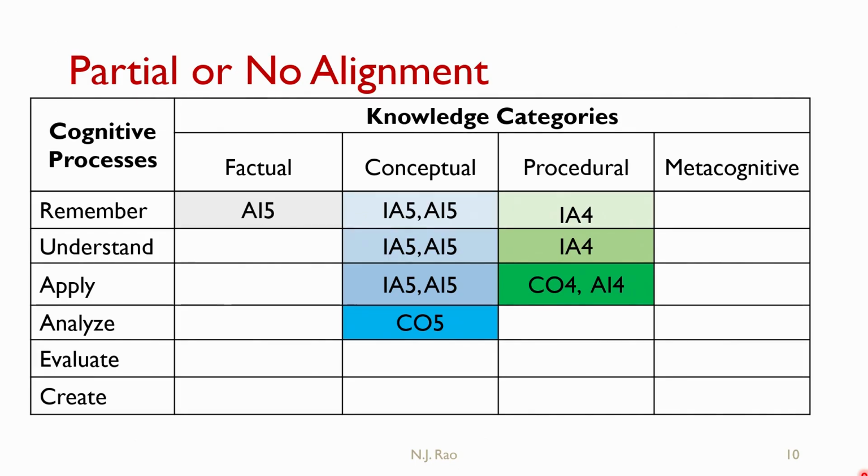In that case, I have my instructional activity related to CO4 can be located in cell 1(3), or sometimes I spend some time understanding, explaining things, comparing them with other things, and I may have IA4, instructional activities related to CO4, can also be located in the 2(3) cell.